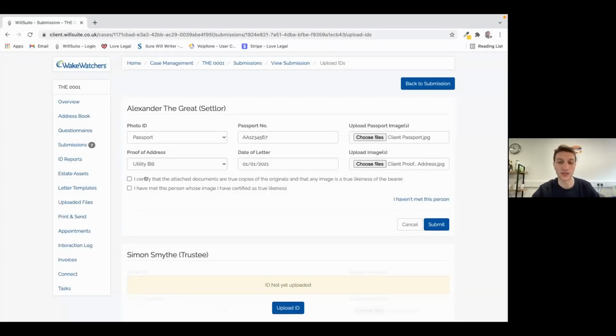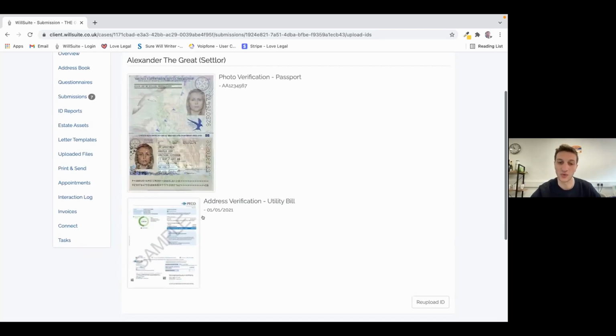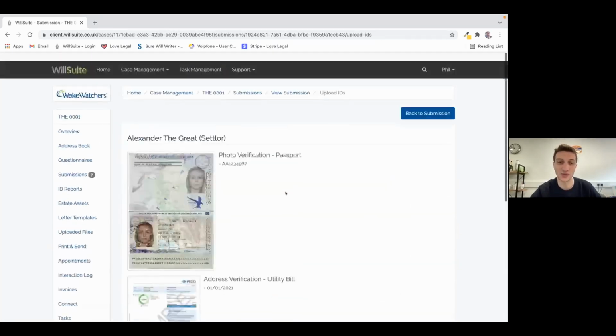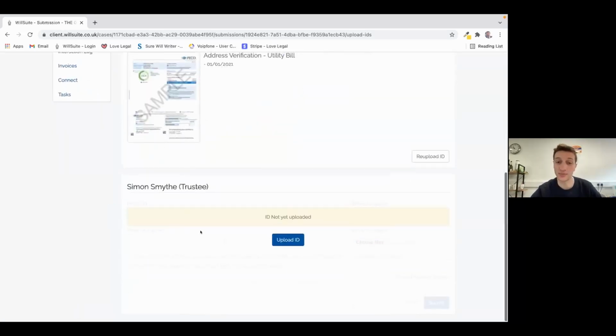At that point, you'll be asked to tick those 2 boxes to certify that the documents attached are true copies of the original, and that you've actually met this person and can certify the documents are correct. So at that point, you click on Submit. The system will automatically upload those documents for you. And then at this point, what you want to do is probably either upload the IDs for the trustees if you already have those.